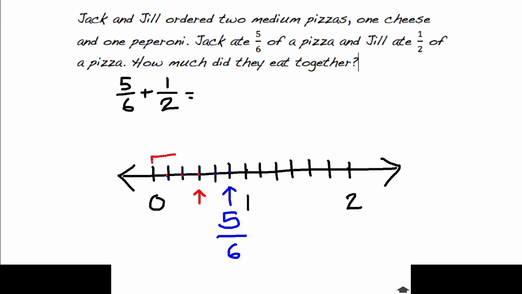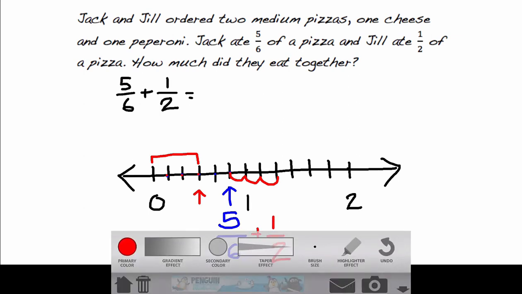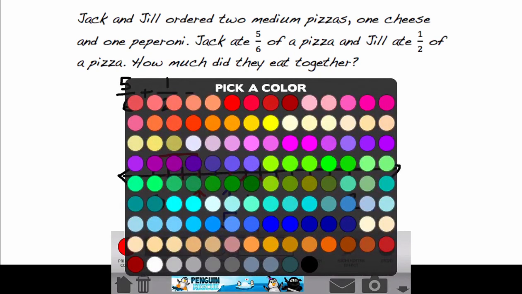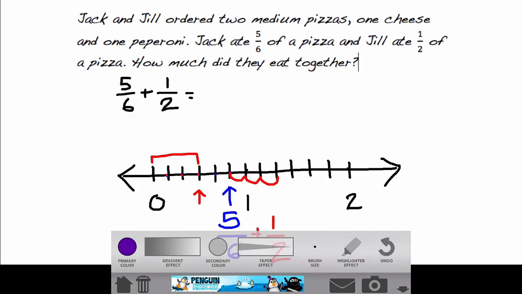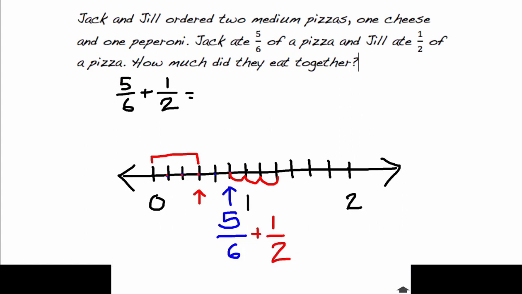So those 3 pieces here, I want to go ahead and add to where I left off at the 5/6. So I'll start at 5/6 and add 1, 2, 3, which represents adding 5/6 plus the 1/2. I'm going to change colors one more time so we can see what our solution looks like.